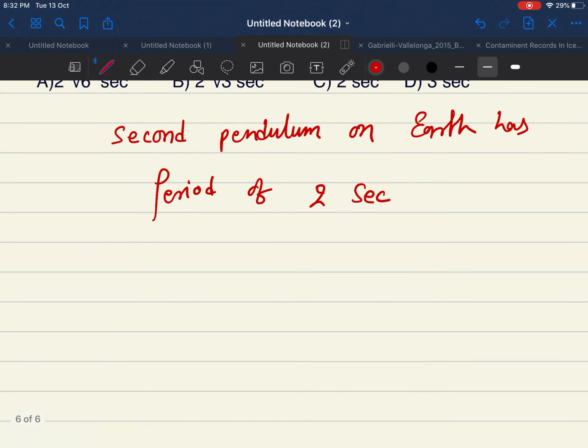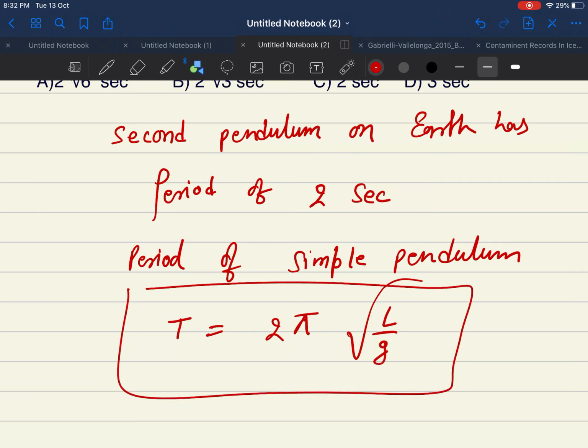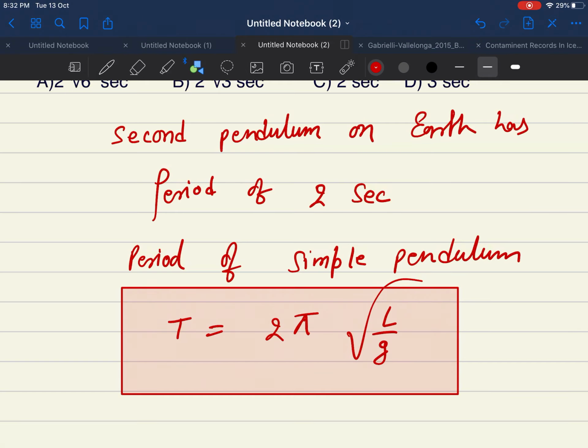Now the period of a simple pendulum, let's write the formula. T is equal to 2 pi under root L by g. This is the formula. You should know this formula. This is very important.